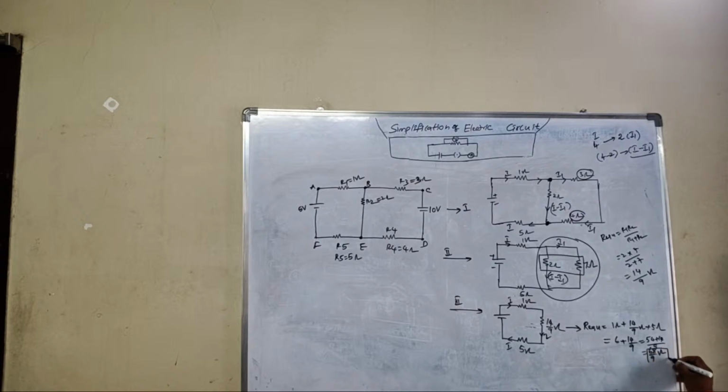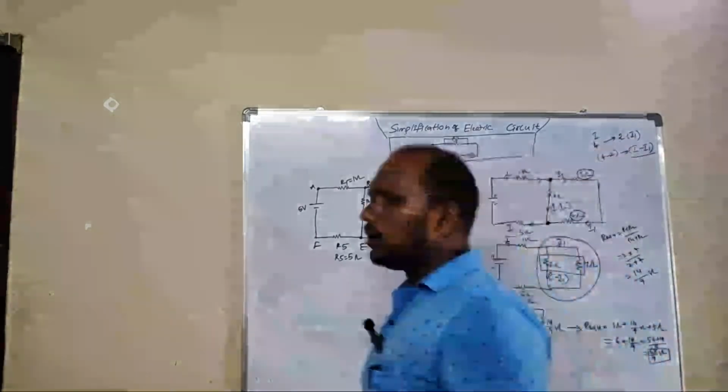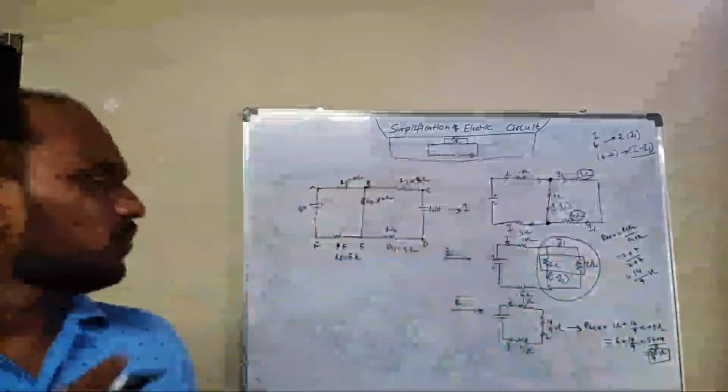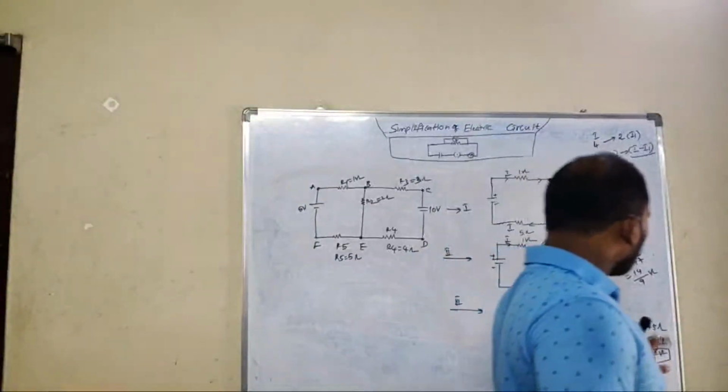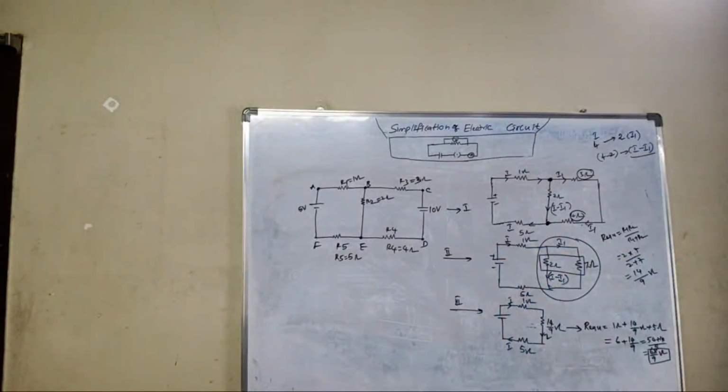So this is what exactly you get. The total resistance of this entire circuit is 68 by 9 ohms.